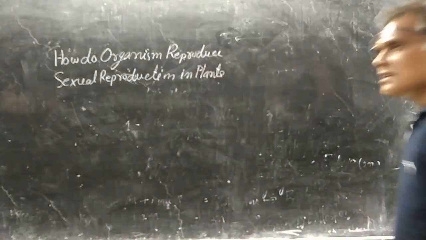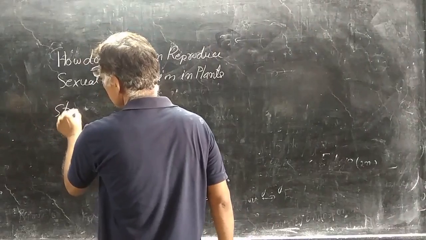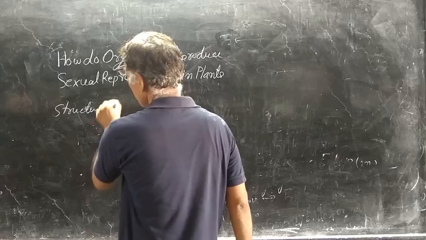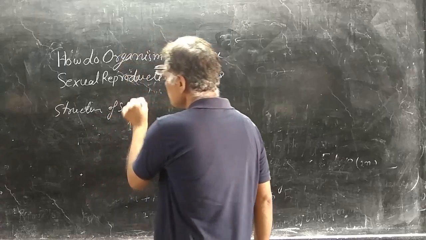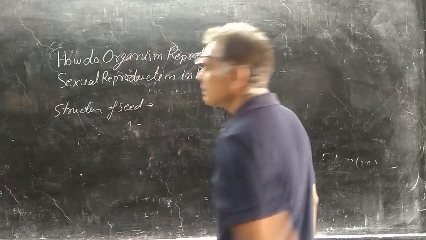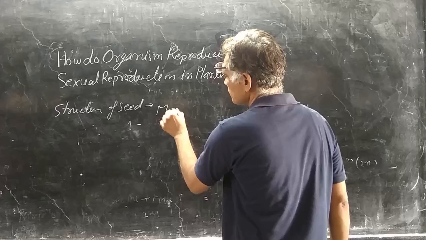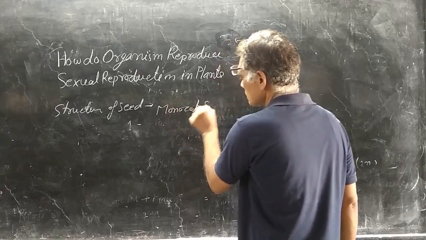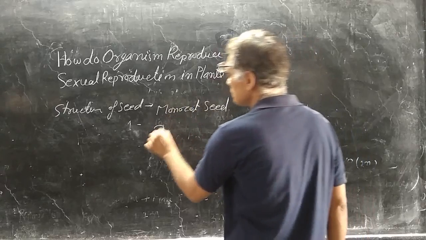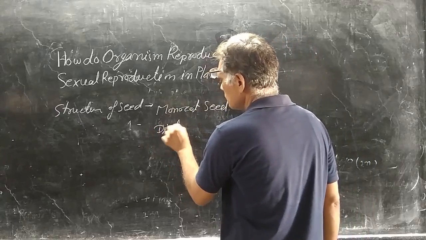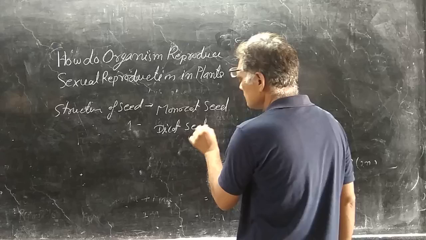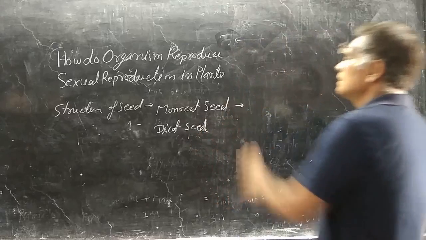Now we see the structure of seed. Seed is normally of two types on the basis of cotyledons: monocot seed and dicot seed.